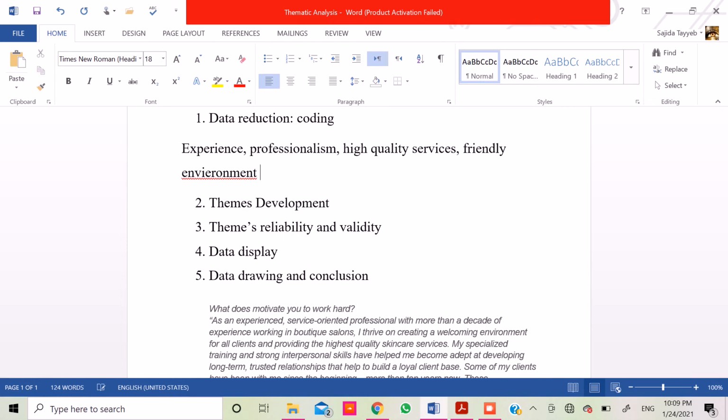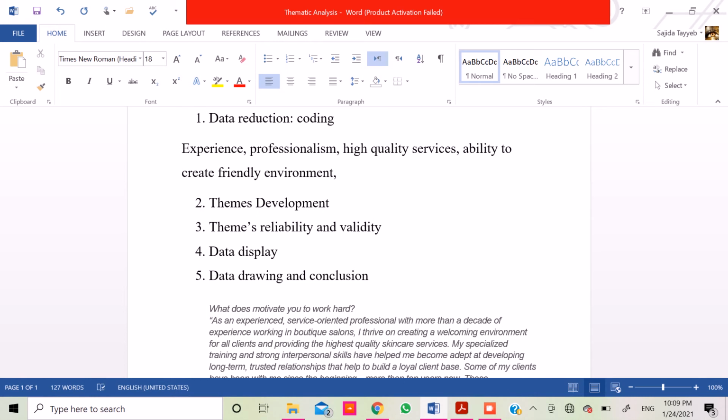Okay, so if you're wondering how this has any link with the fact that the person is willing to work hard, maybe you can say ability to create friendly environment. So let me first tell you that by coding we are not always referring to just one word.